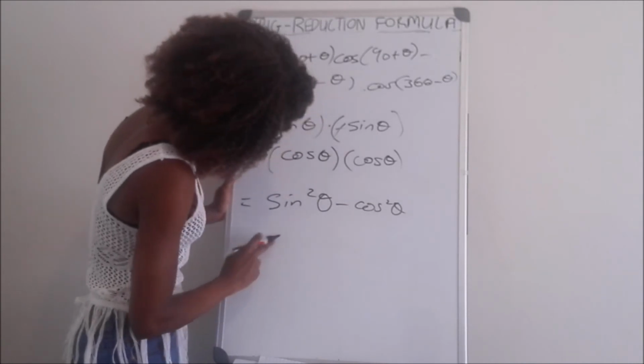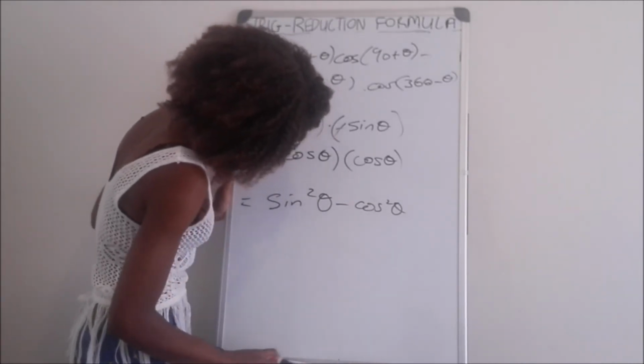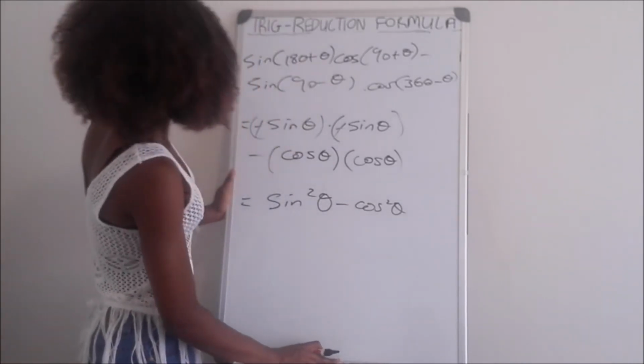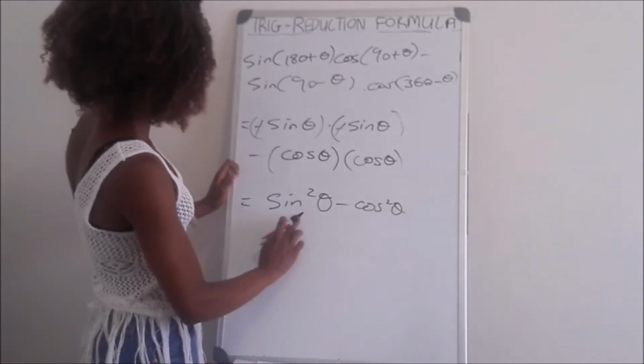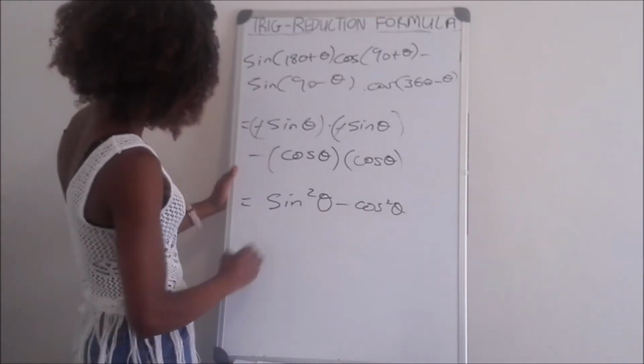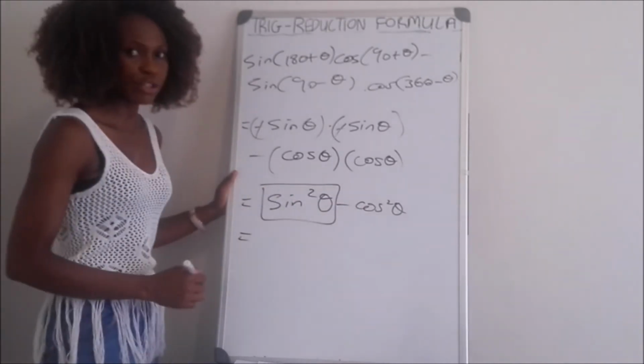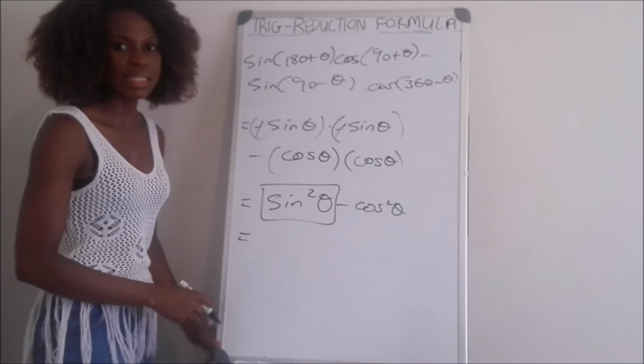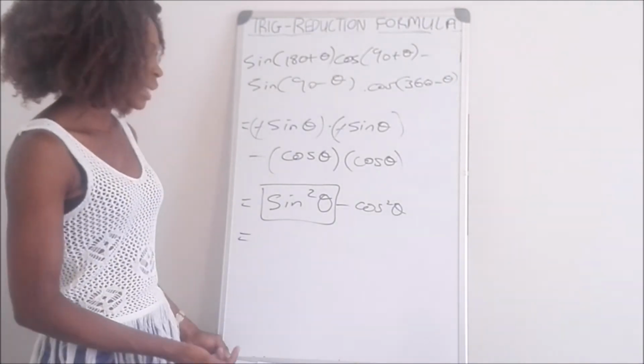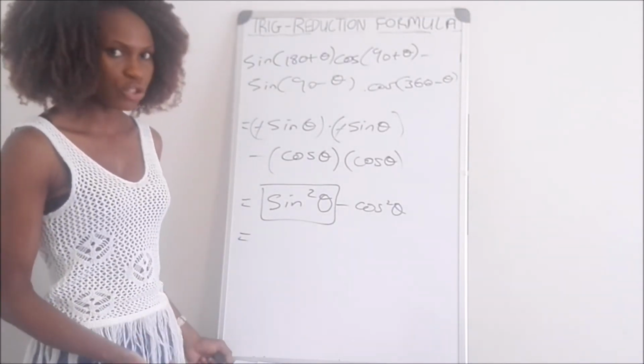Alright guys, from there, what we have now is sine squared theta minus cos squared theta. But we can actually change one of these to be in terms of identities. Remember, with identities, we have sine squared theta plus cos squared theta is equal to 1.